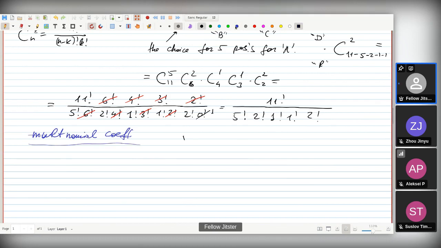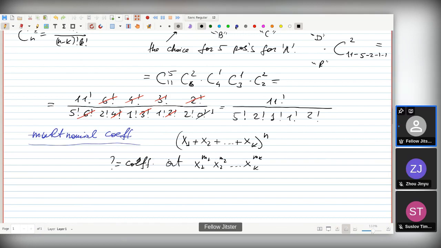It is as follows. Look, consider the following expression: x1 plus x2 and so on, plus xk to the power n. What is the coefficient we will have at x1 to the power m1, x2 to the power m2, and so on, xk to the power mk, if we expand it?